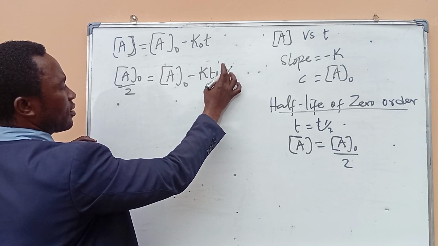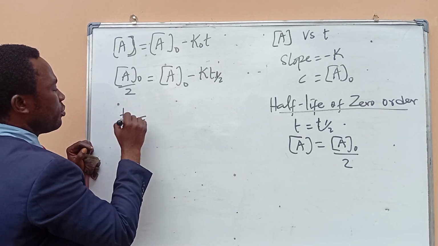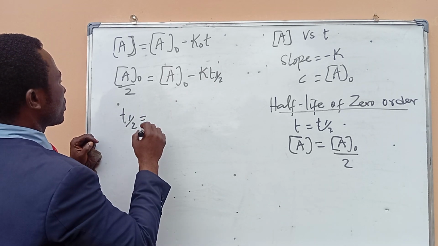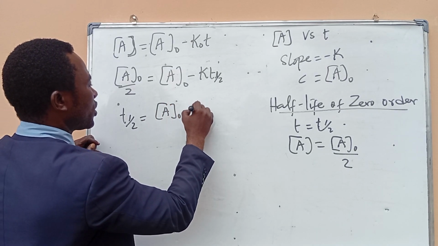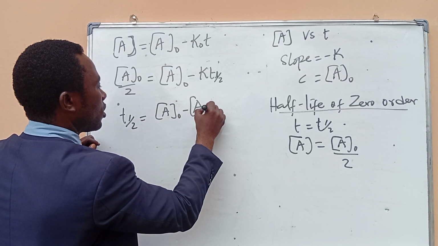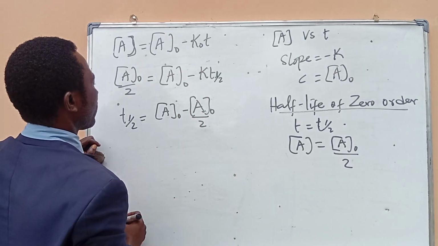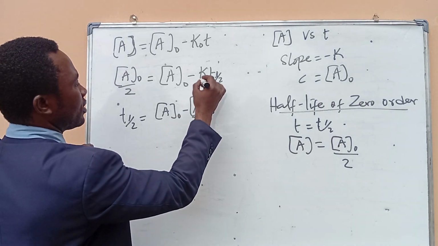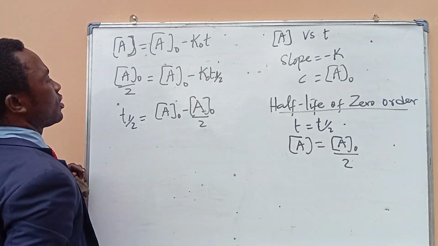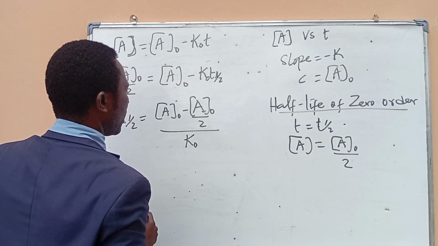We want to find T1/2, the half-life. It means that the half-life will be equal to A0 minus A0 over 2, and everything divided by K0.